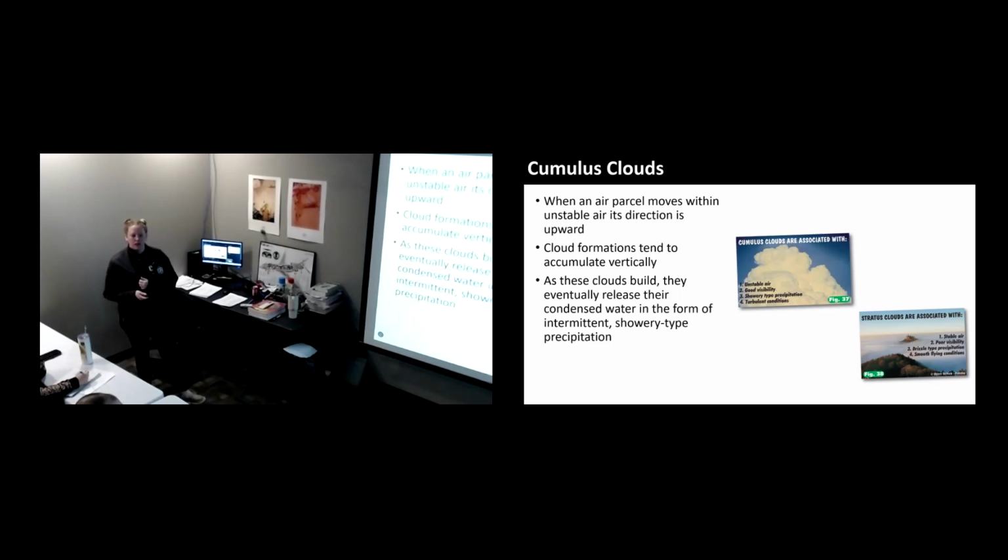The stratus clouds, that beautiful blanket down here, are associated with stable air. You're going to have a mucky day. It's going to be hazy. It's just going to feel damp and wet, but it's actually going to be really good flying weather. It's going to have steady precipitation, just a nice steady rainfall throughout the whole day. Surprisingly, if it looks crappy out, it's probably going to be a nice smooth day to go fly.